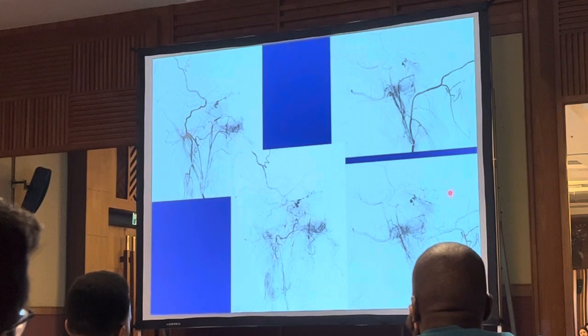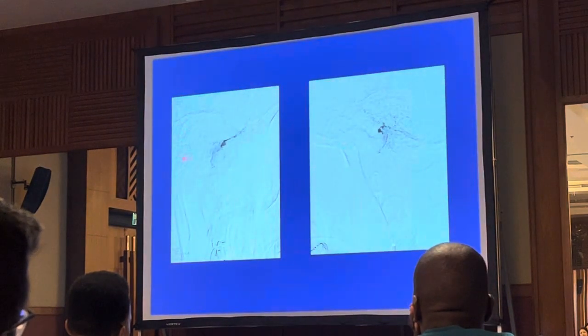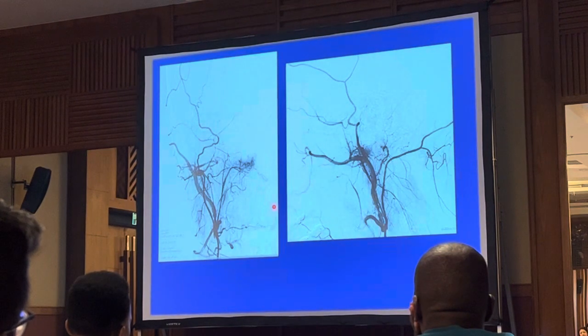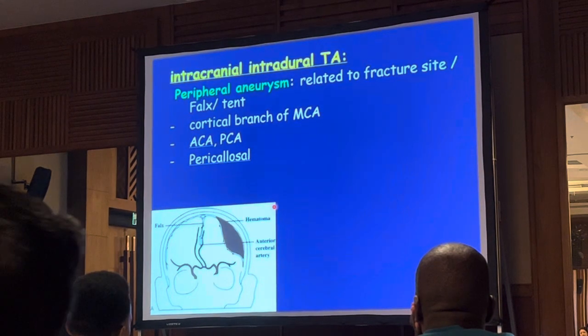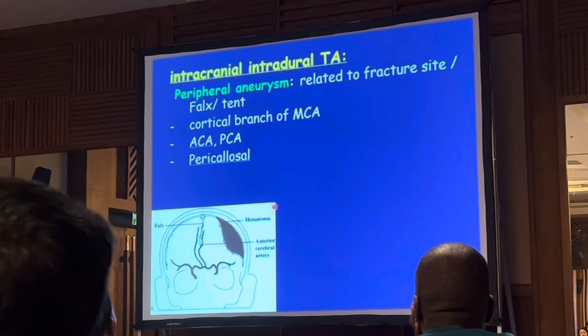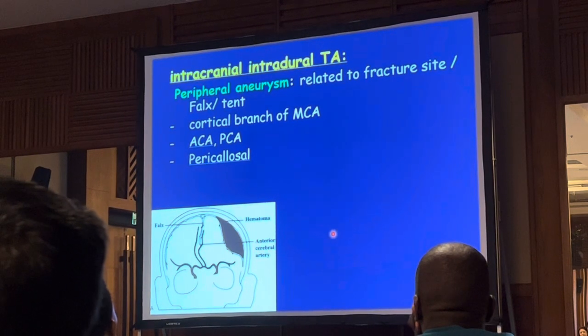And if you are able to go super selectively, a drop of glue can help the situation. And this is post-op angio, no more dot at the area that corresponds well with the bleeding and the operating site. How about more distal?